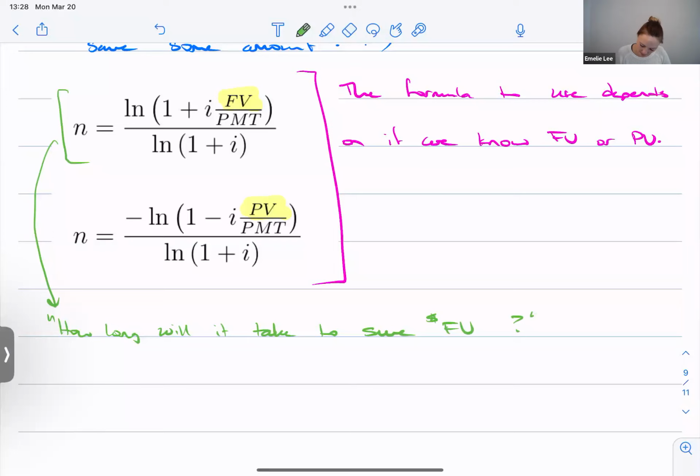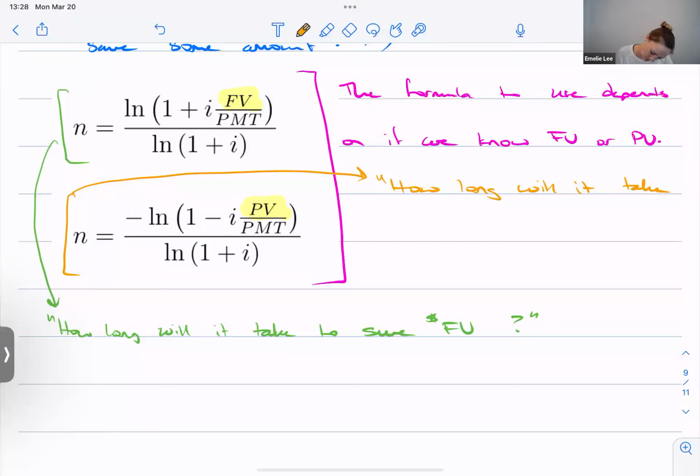That is going to be that question, just in general, versus here: how long will it take to pay off present value dollars?